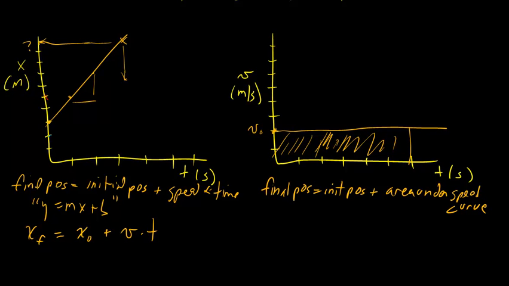Now the speed is actually changing in time, and because it's a line, we have a slope for this, a rise over run. It does 2 meters per second in 2 seconds, so the slope here is 1 meter per second over a second. Kind of a funny unit, but we'll deal with that.